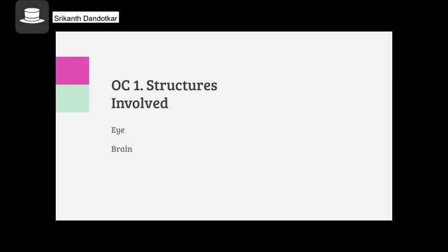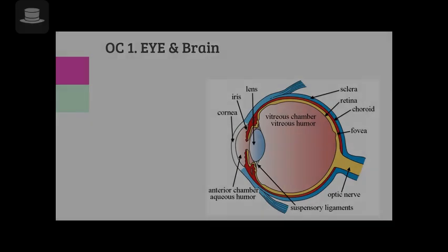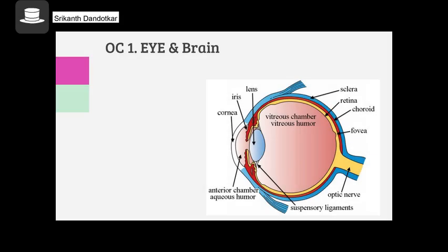So the structures involved in visual sensation include the eyes and the brain. We'll talk about the eyes and then a little bit about the structures of the brain involved in visual sensation. Now, this is the structure of the eye. It is more like a small vessel or a socket filled with fluid.